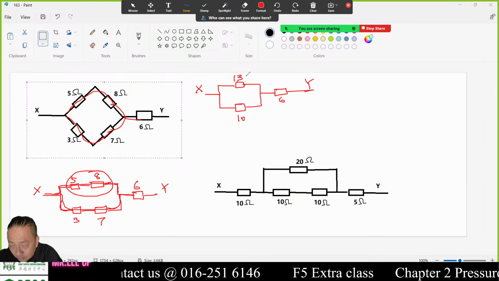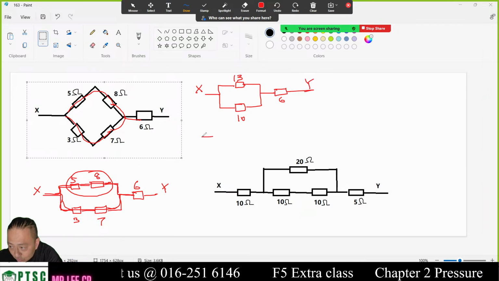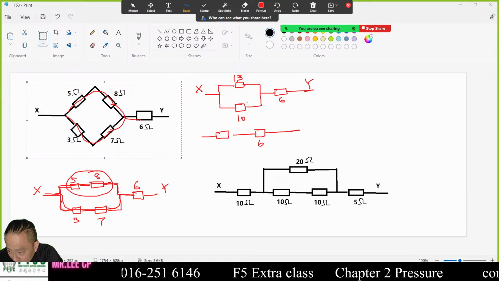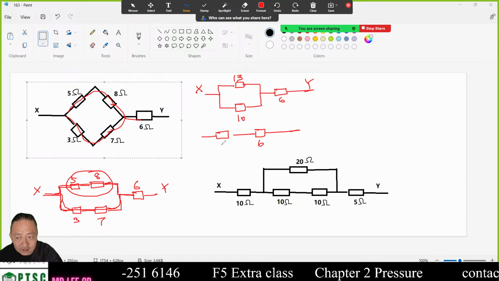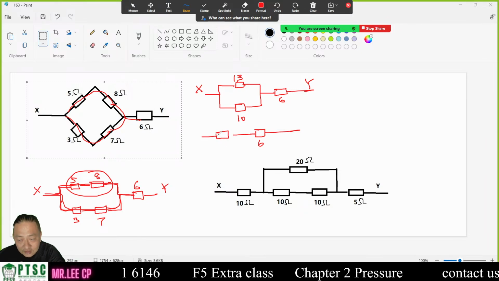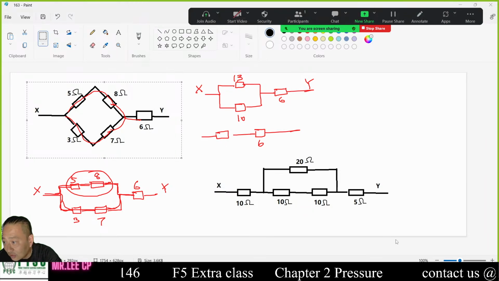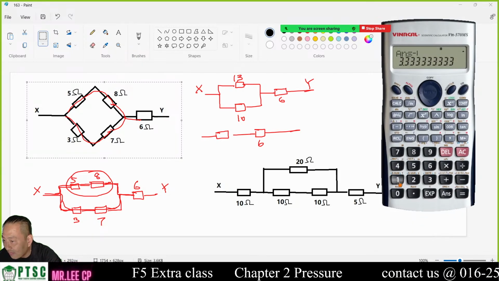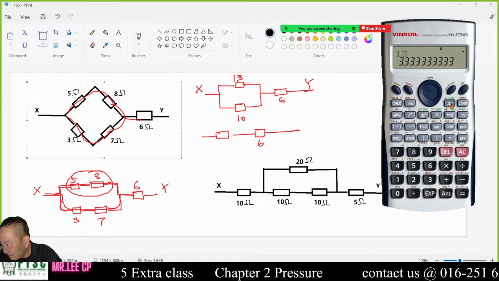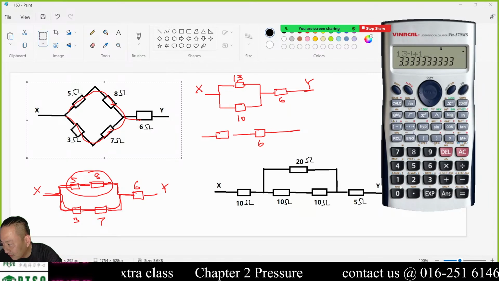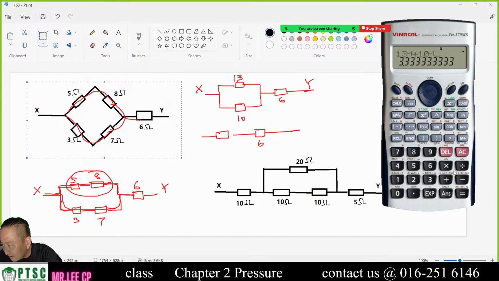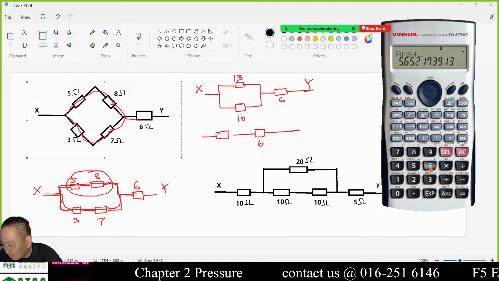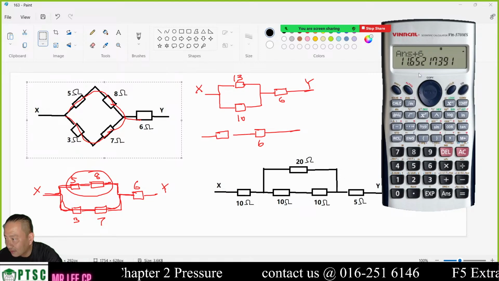So what you need to do is combine these two. It becomes something like that. This is 6. So 13 inverse plus 10 inverse equal, plus 6. Do you get it? Equal 11.65.